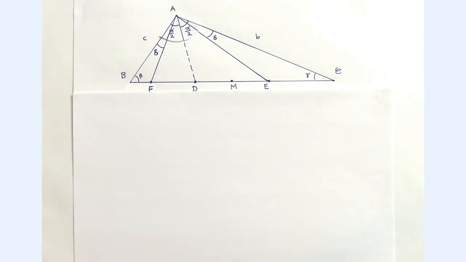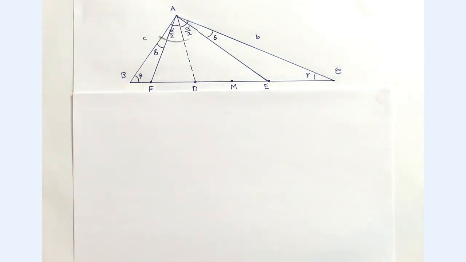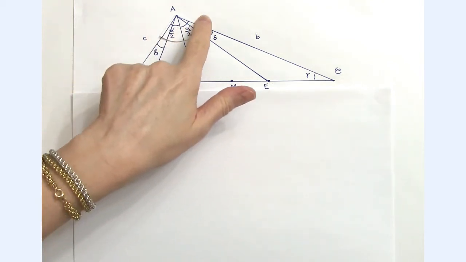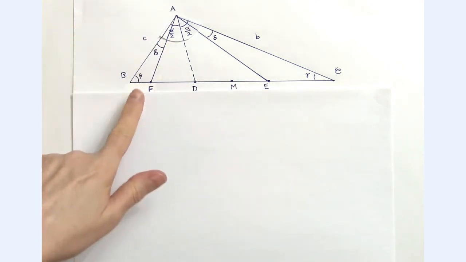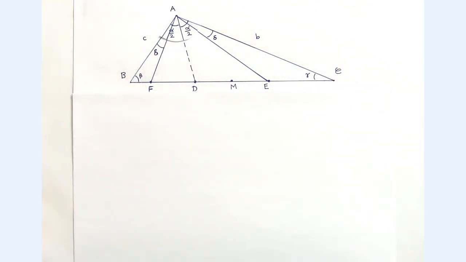Before I do this, I need to label these angles here as follows. I'm going to use the fact that the sum of the original three angles, alpha at vertex A, beta at vertex B, and gamma at vertex C, add up to 180 degrees.